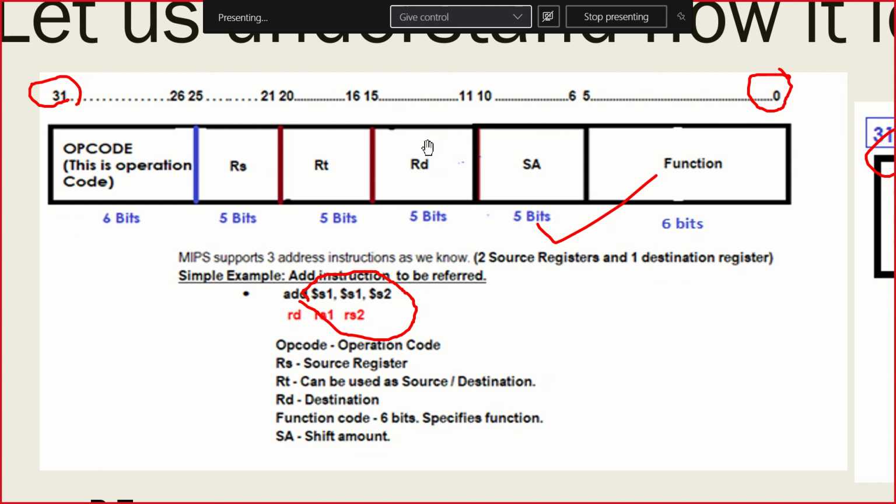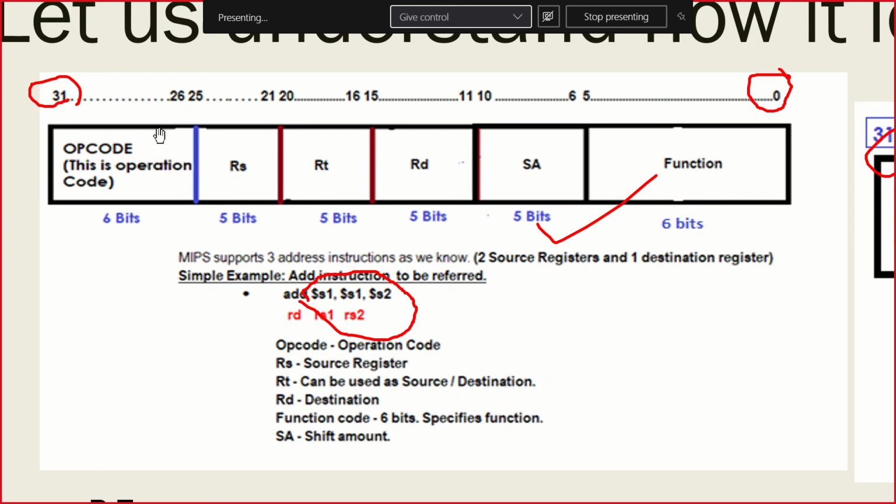RD is the destination, where you will store the result. RS and RT are the source registers, and we have got 5 bits for each of these, because 2 to the power of 5 is only 32. So that's why we have got 5 bits here, 5 bits here, and 5 bits here. So totally 6 plus 5, 11, 11 plus 15 is done. So what is left out?